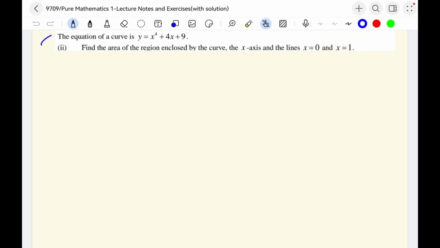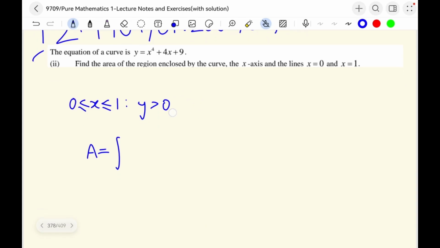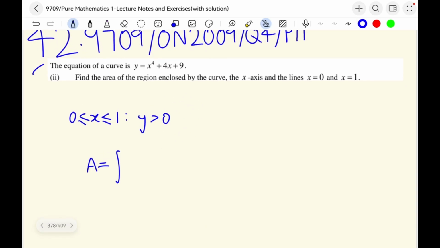So for x from 0 to 1, or even with the equal sign, y is always positive for sure, because there's a plus 9 over there. So we can imagine what the area of the shaded region looks like. We don't have to draw the graph, because I don't prefer to draw the graph. It's kind of a waste of time.